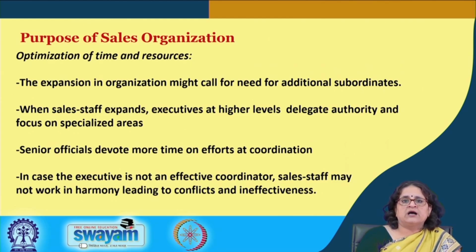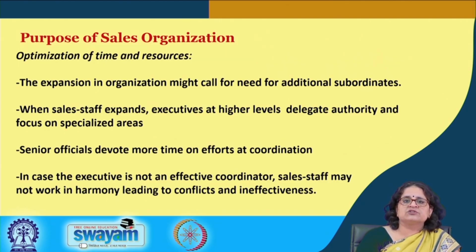the company. It may so happen that as organizations grow, they may need more manpower, and so additional subordinates may be required. When the sales staff expands, executives at higher levels would delegate authority, and they would act in more specialized roles, and at that time the senior management's role lies in coordinating activities.